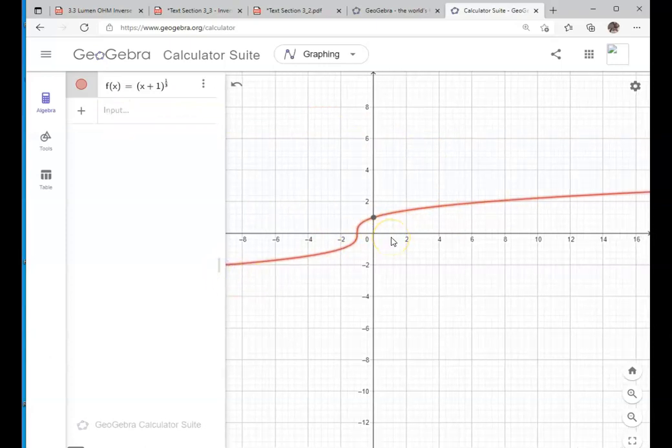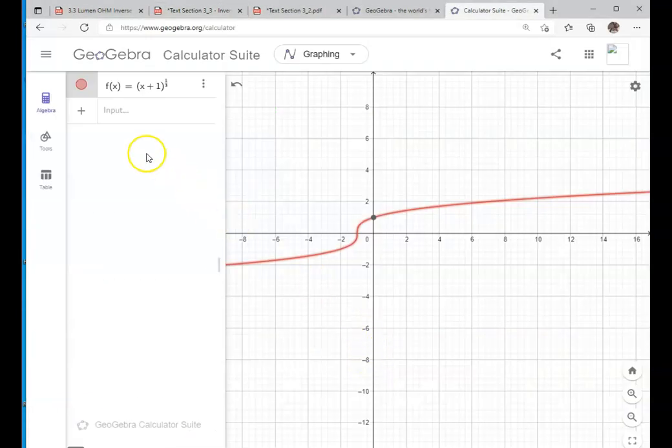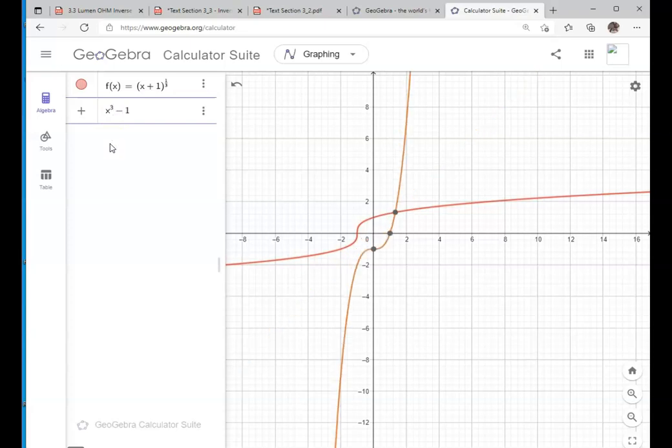Now let's see, if I did it right, the x cubed minus 1 should be the inverse. Well, let's see what x cubed minus 1 looks like. I'll put x caret 3 minus 1 and hit enter. Look at that. Does that look like it's a reflection of the original function around the line y equals x?